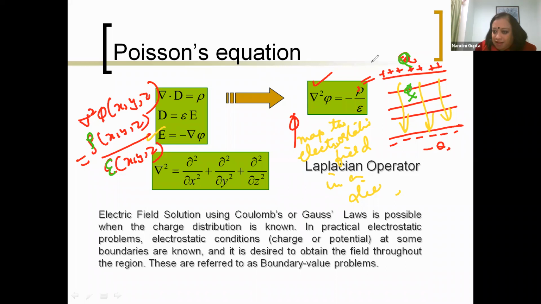Plus q is somewhere else. So this is the point I need to make: this rho in Poisson's equation is the volume charge density. If there is some charge here, this is the charge that will contribute to your potential. If there is no charge, will there be no field?